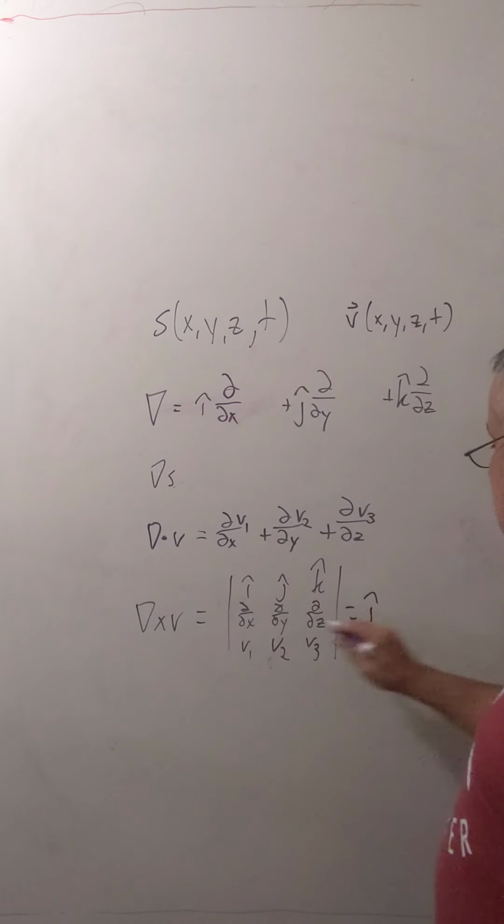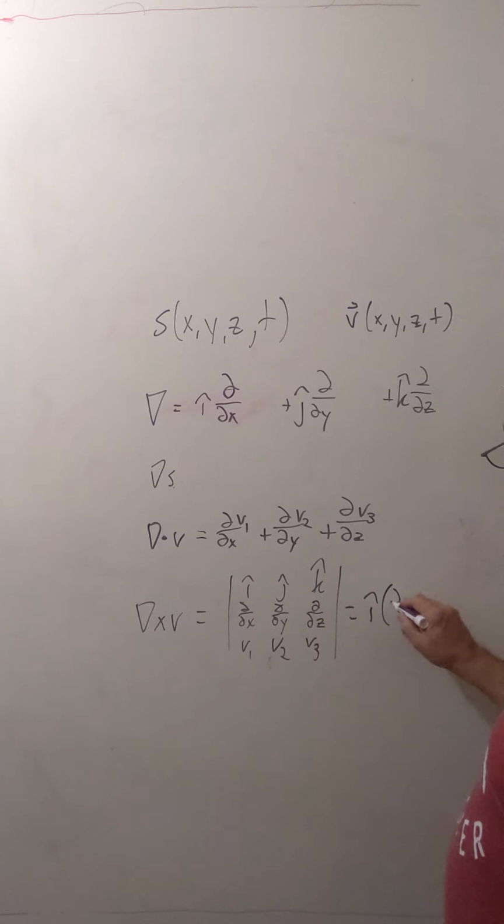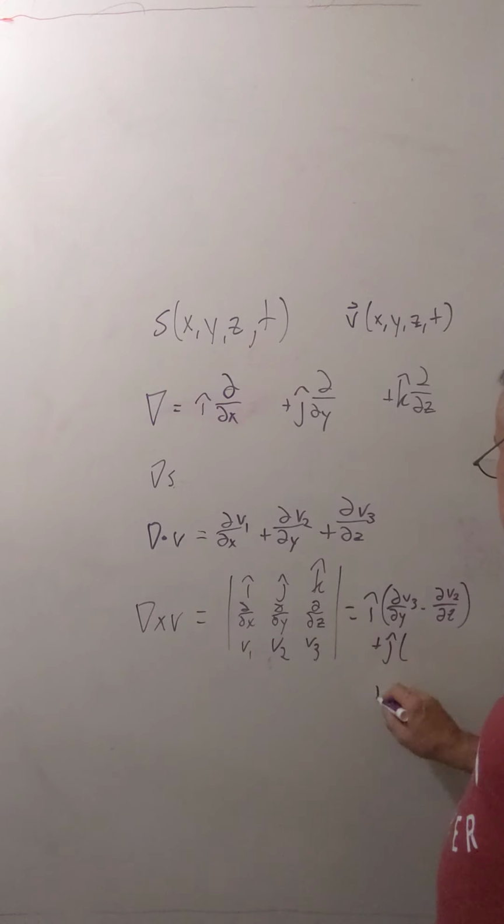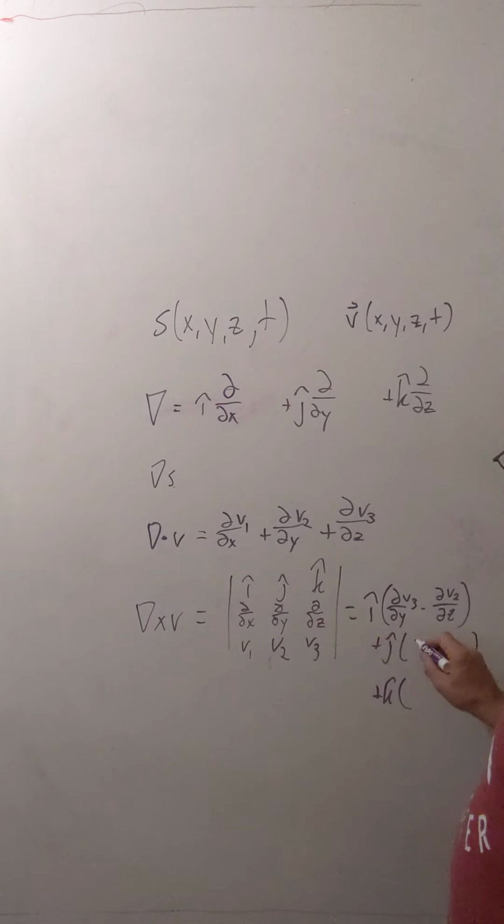And so we get things like i hat times d/dy of v3 minus d/dz of v2, plus j hat, plus k hat. And the j hat part is d/dz of v1 minus d/dx of v3. And the k hat part is d/dx of v2 minus d/dy of v1.